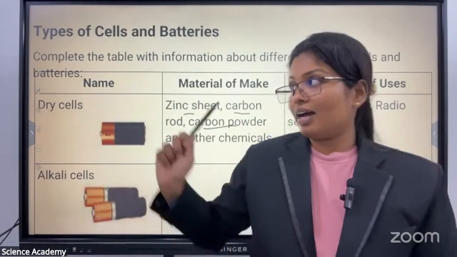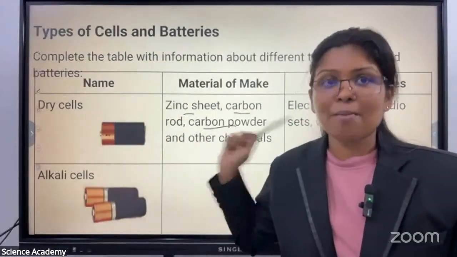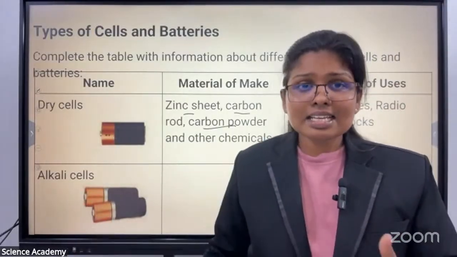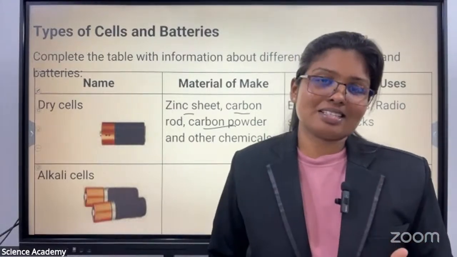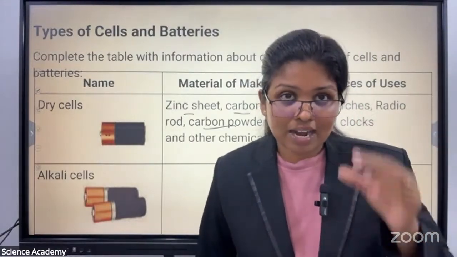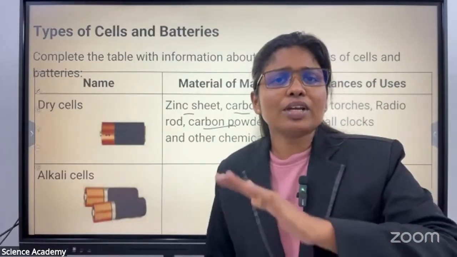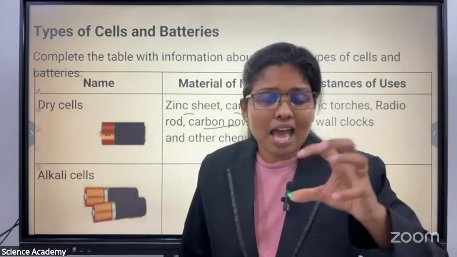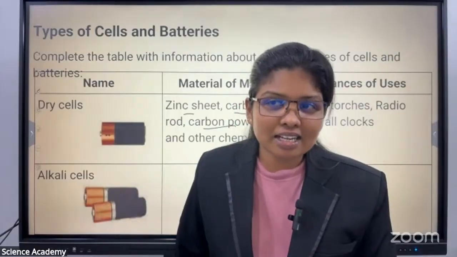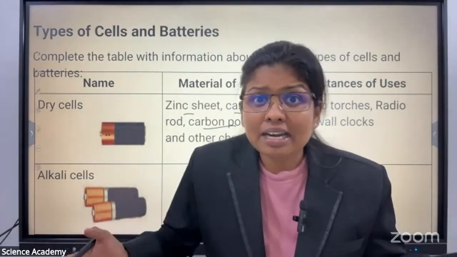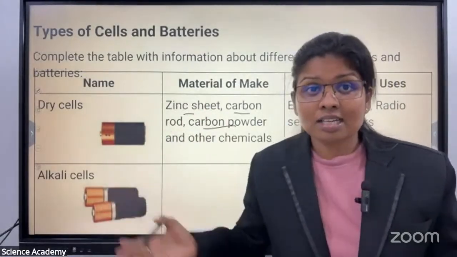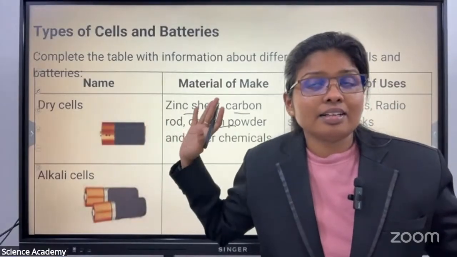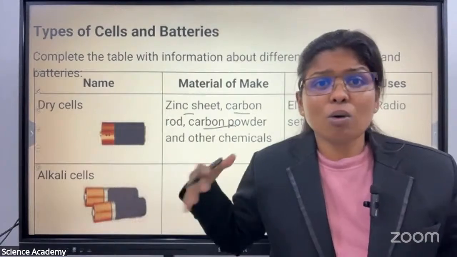Here in alkali cells, basic components are included. Bases which can dissolve in water are called alkaline substances, alkaline compounds, right? Not every battery has manganese dioxide, graphite powder, and ammonium chloride inside. Not all batteries.